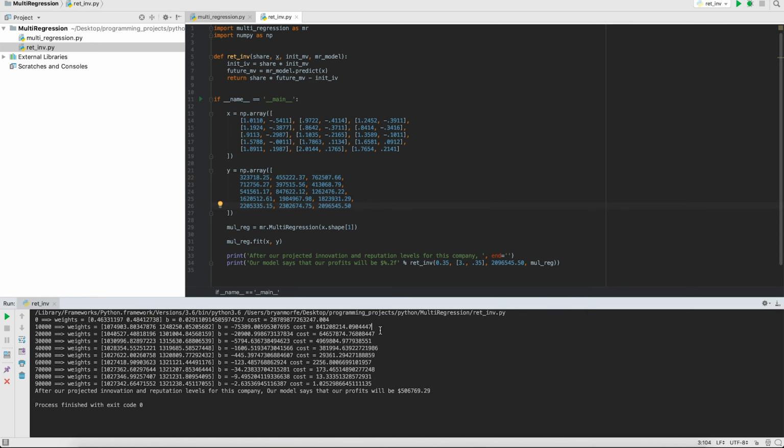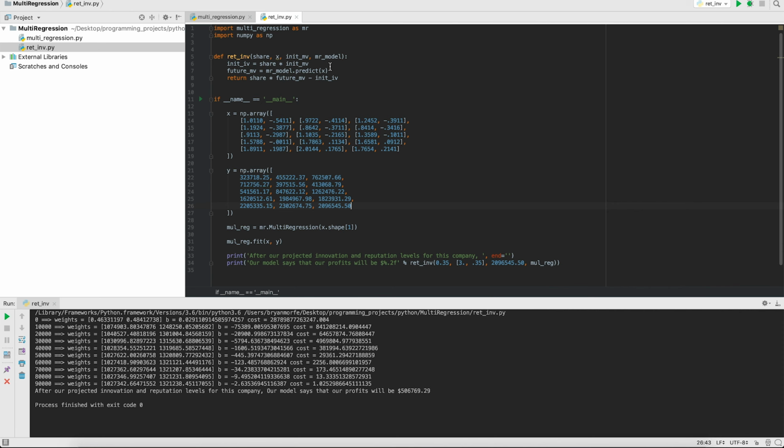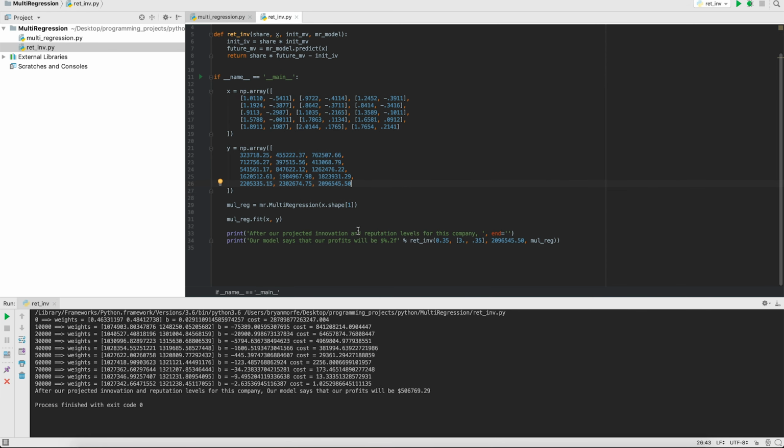Something else that you might have noticed, by default, this fit function takes a learning rate of 0.001 and a number of iterations of 100,000, which is what we used for our linear regression. As the dimensionality of your inputs increases, you will need more iterations to have a better performing model.